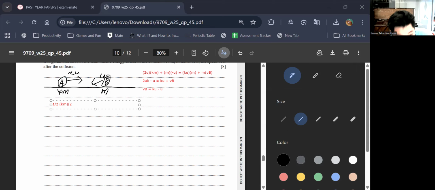Right, so half mv squared, that means squared, plus half m u squared equals, right, so this is your initial kinetic energy.